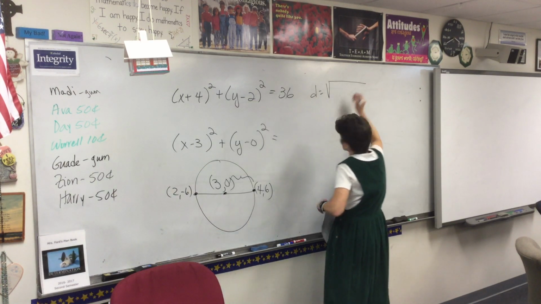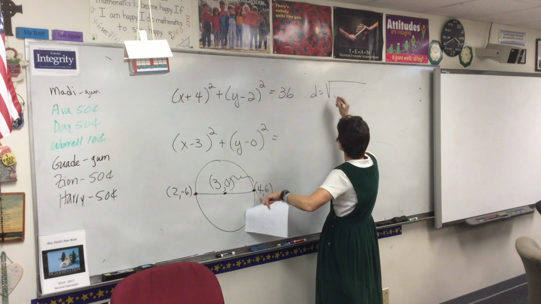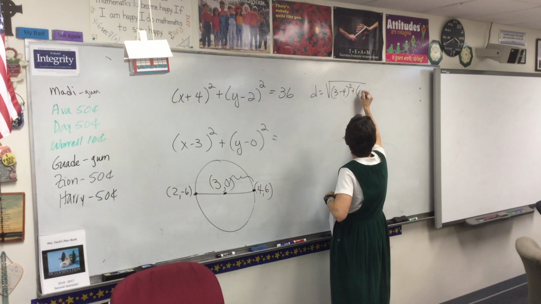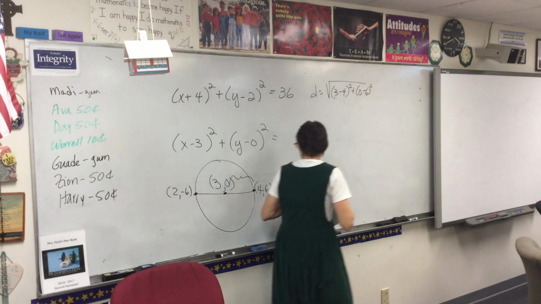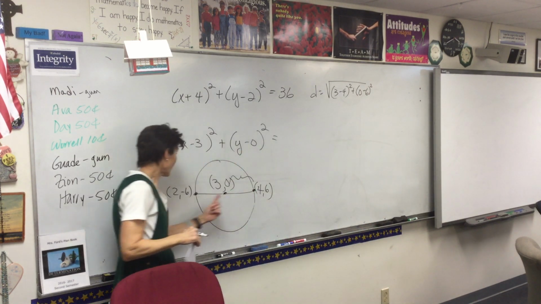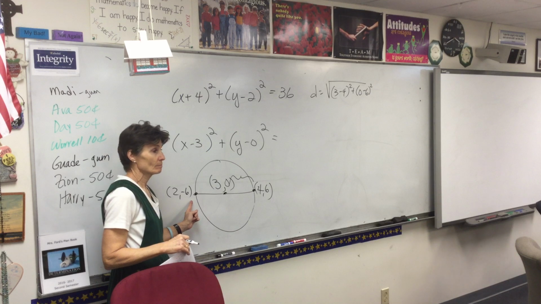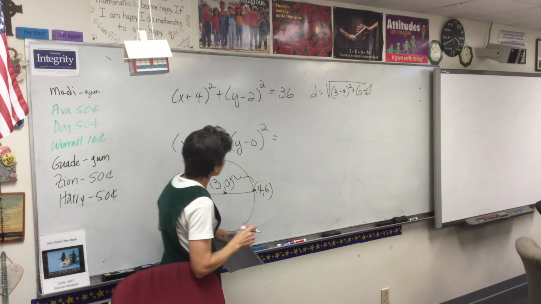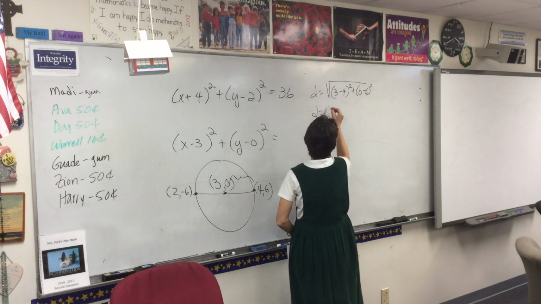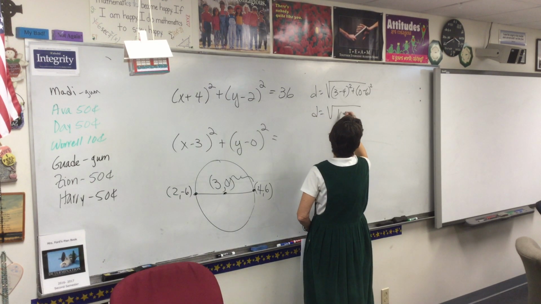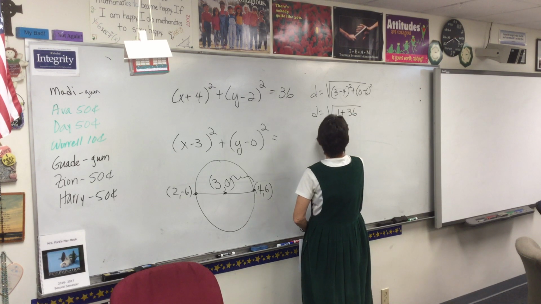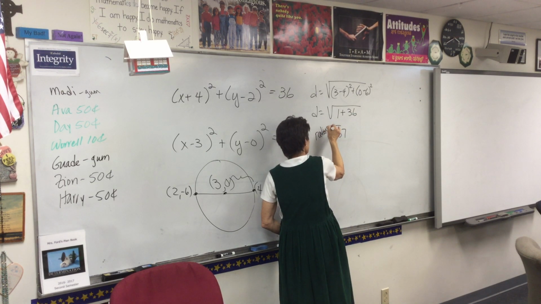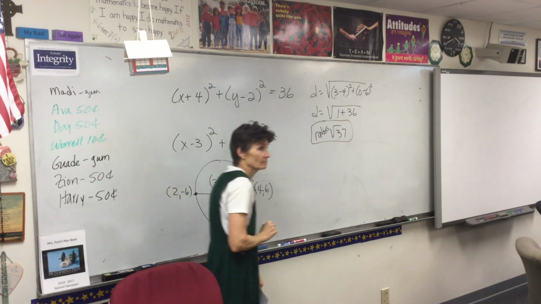We've got to do 3 minus 4 squared and 0 minus 6 squared. Now, I'm using these 2 points. Could I have used these 2? Yes, it doesn't make any difference. I just randomly picked those 2. All right, so what have I got? The distance is the square root of 1 plus 36, root 37. So my radius is root 37.